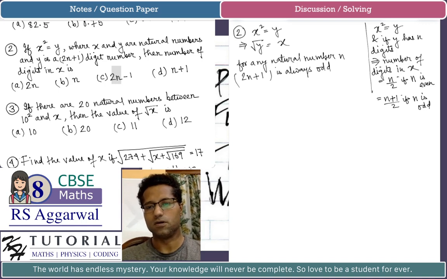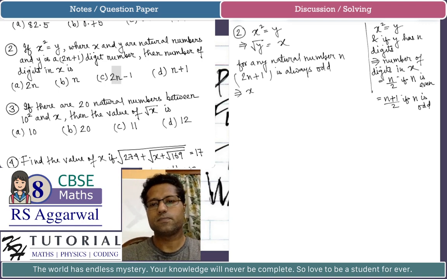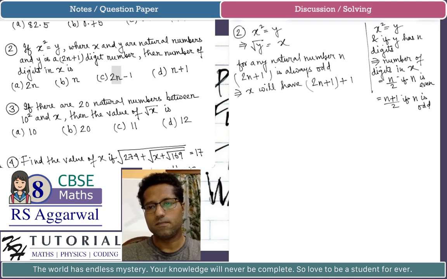So 2n plus 1 will always be an odd natural number. So this implies x will have 2n plus 1 by 2 digits.